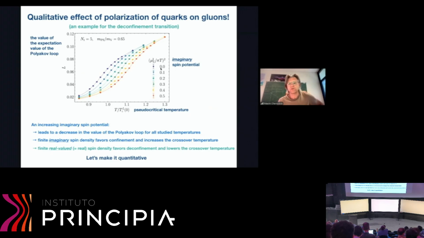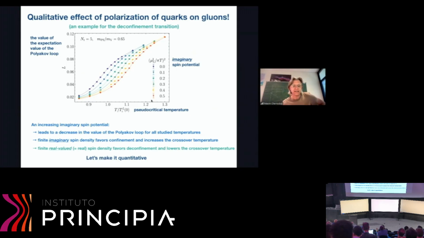We just increase it from 0 to 0.5 in squared values, and we see immediately that as we increase the spin potential, the value of the Polyakov loop decreases. So it becomes smaller as we increase spin potential.